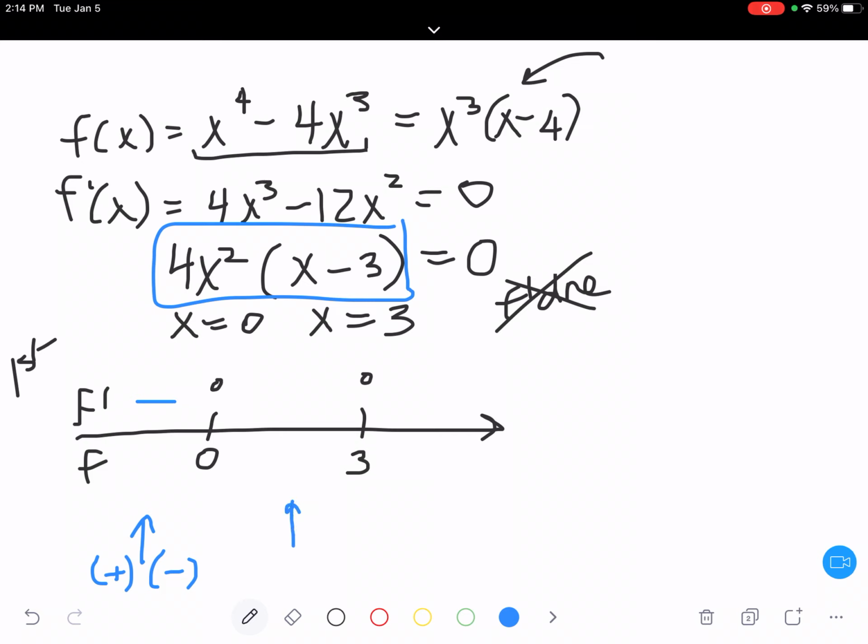If I plug in a number between 0 and 3, I'm going to choose 1. 4 times 1 squared is positive. 1 minus 3 is negative. Okay, again, I want to stress to you guys, I'm not plugging in numbers and evaluating my derivative at those numbers. I'm testing numbers and checking the signs of those answers. Positive times a negative is still negative.